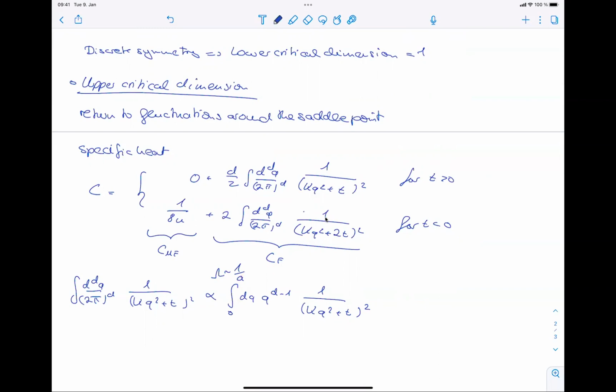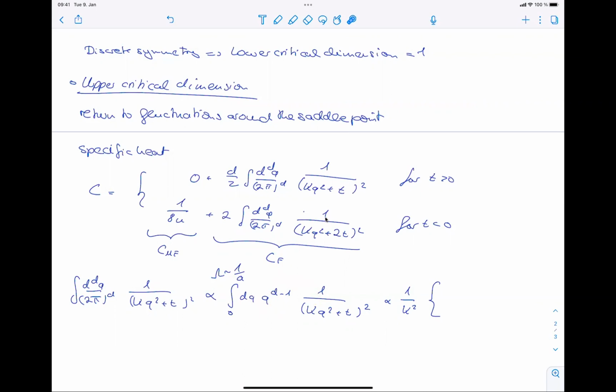We see that this is 1 over k squared times, so we see that we have a q to the 4 that's contributing, and here we have q to the d minus 1, and there's another q here, right? So it's q to the d minus 4 that is the value of the integral.